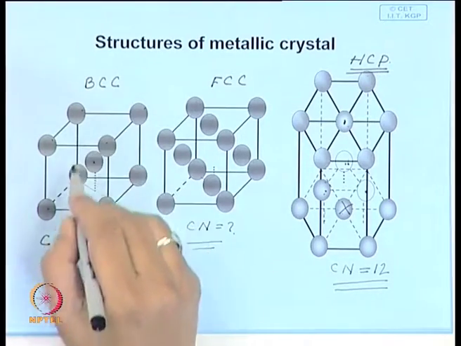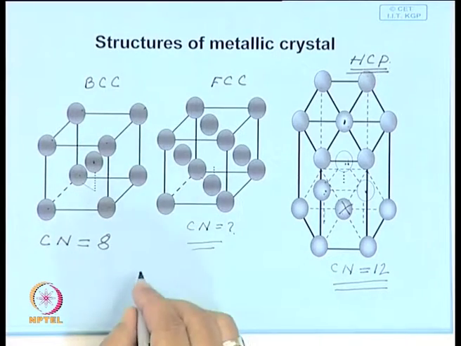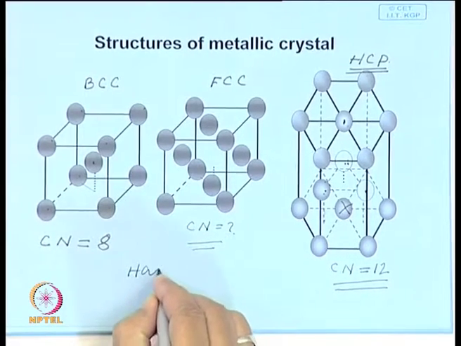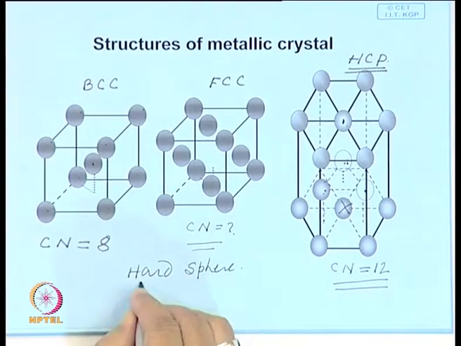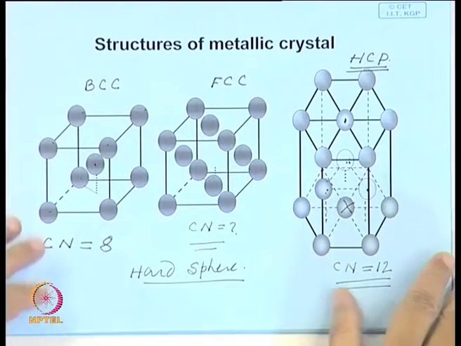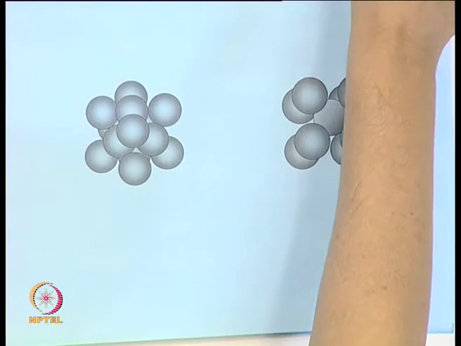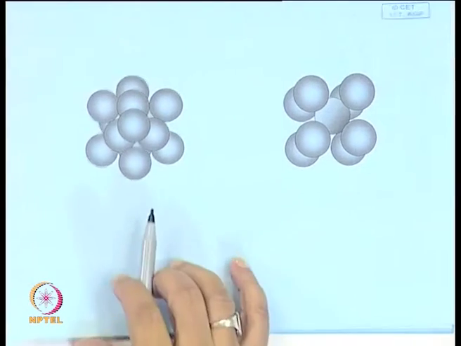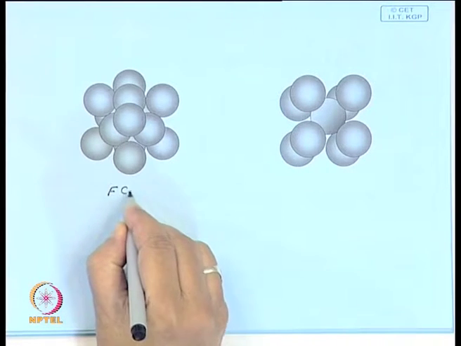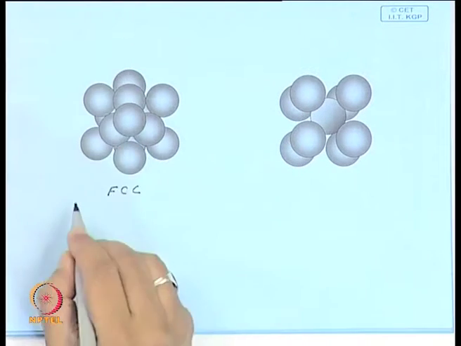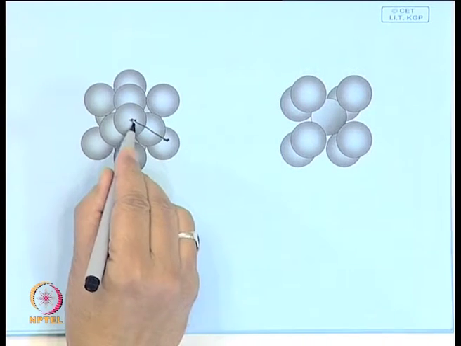One of the simplest ways to visualize the atoms is to assume them to be hard spheres and go through a few calculations. This is a little more elaborate view of the face centered cubic structure, assuming they are hard spheres. Along these directions they touch each other.